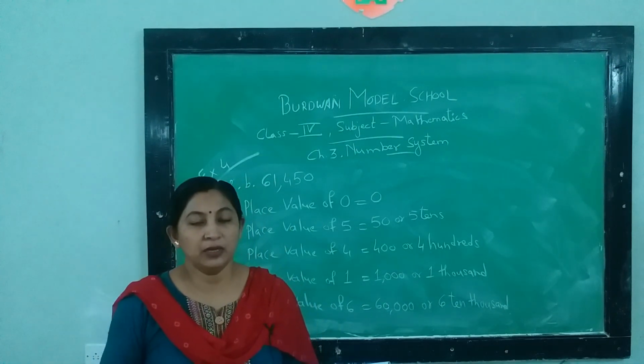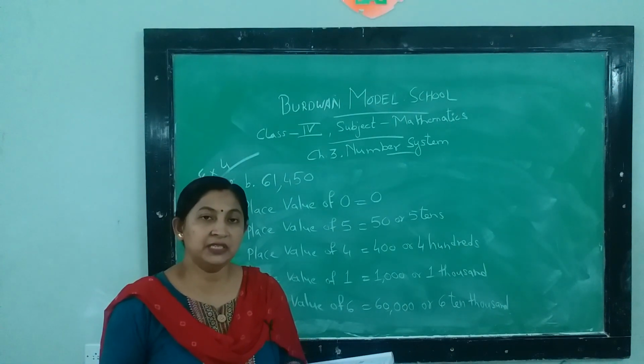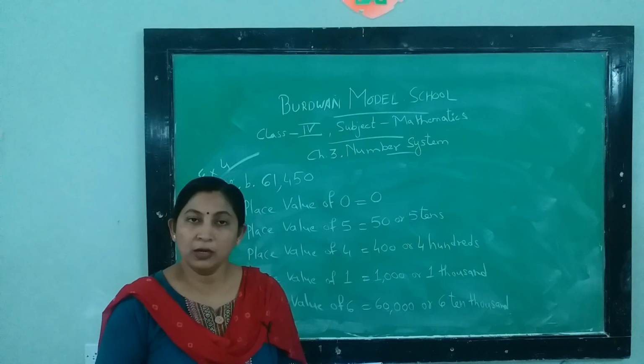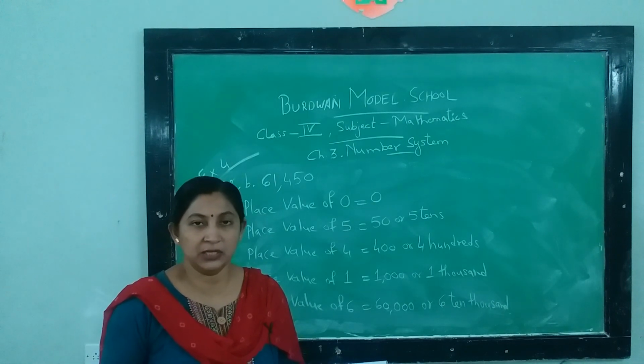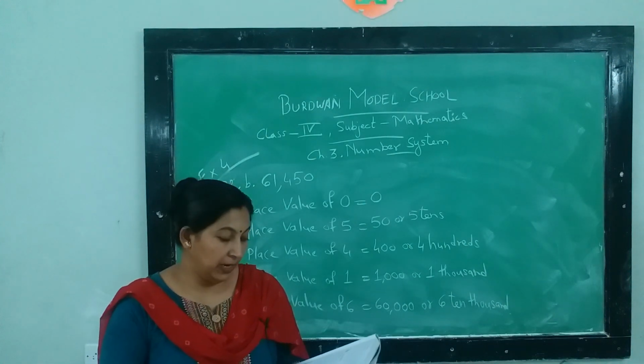Suppose here it is given 6, the face value will be 6 itself. If it is given 7, the face value will be 7 itself, means the face, the number itself. Not the position, whether it is in ones place, tens place, thousands place, whichever. Face means only the number. Okay, now let's do it.